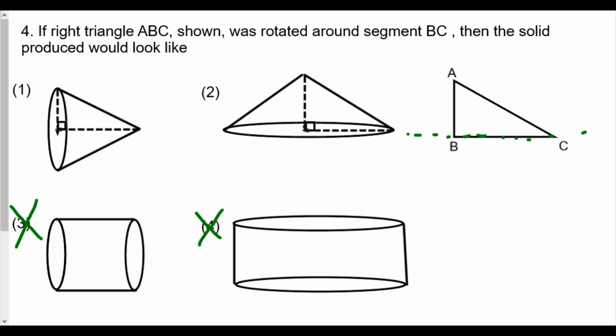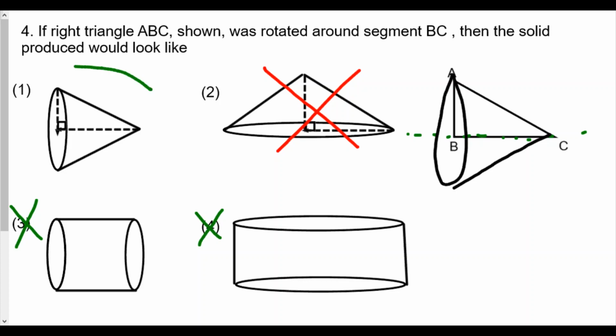Instead, when we rotate about BC, we get a circle, coming up this way. And so we're going to get a cone, but specifically this cone, because we're rotating about BC, not about AB. If it was AB, it would definitely be this one, number 2, but that's not the case. Instead, we have choice 1 best representing our picture here.